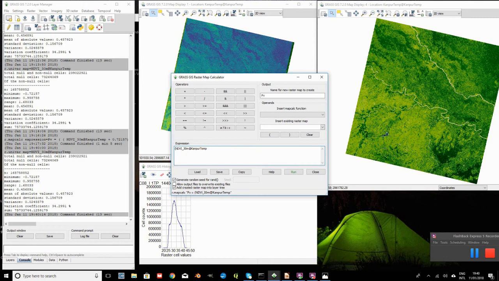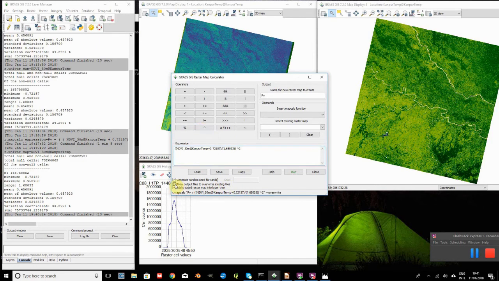We need brackets here: NDVI minus the minimum, so minus, that becomes plus 0.72157, divided by what is in essence the range, the max minus the min, 1.68033, and we need that entire thing squared, so I will add a set of brackets and square it.